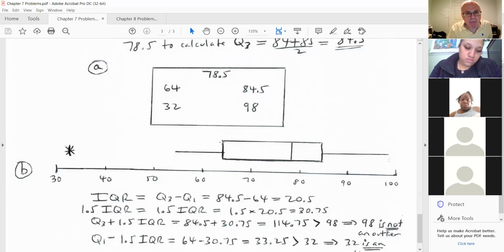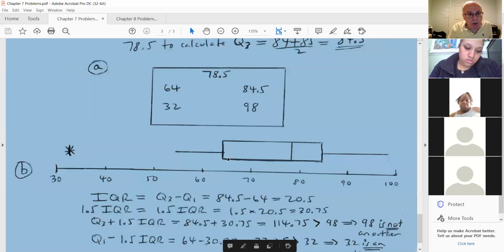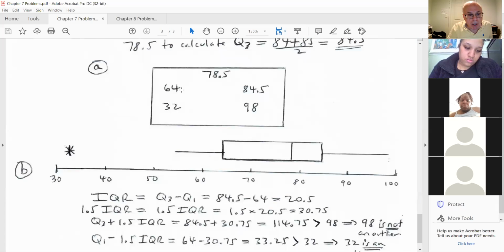And what I'm doing here is drawing a box where the left side of the box corresponds, if you go down to the number line, to the Q1, the lower quartile. The right side of the box corresponds to Q3, the upper quartile. The vertical line in the middle will be your median.